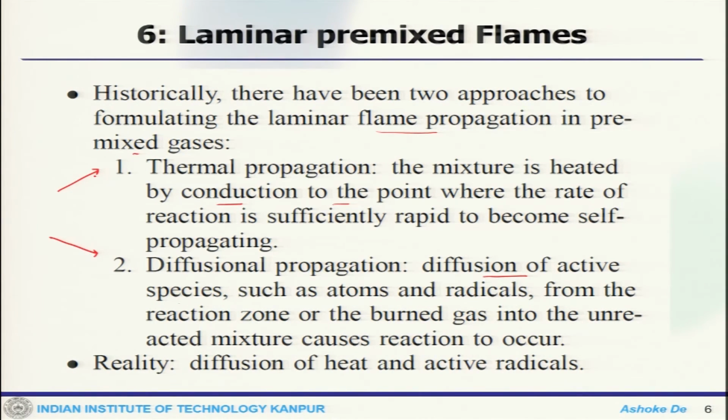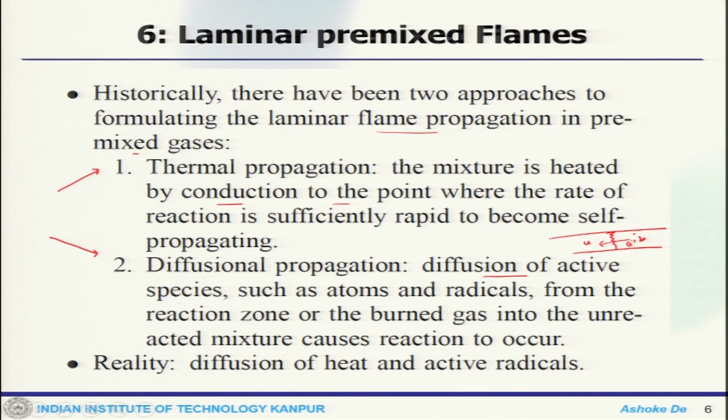One is purely based on the thermal hypothesis. If you look at the system like this, this is the reaction zone, this is unburned, this is burned. From here, on this side, the heat transfer takes place. Due to the heat transfer, this gets ignited or the burning takes place.